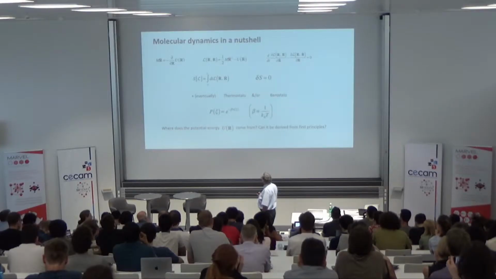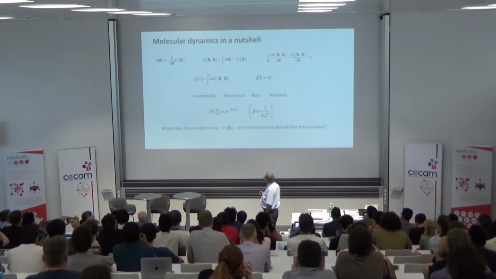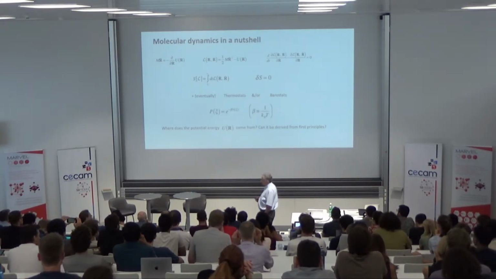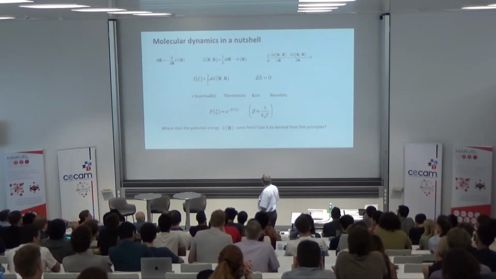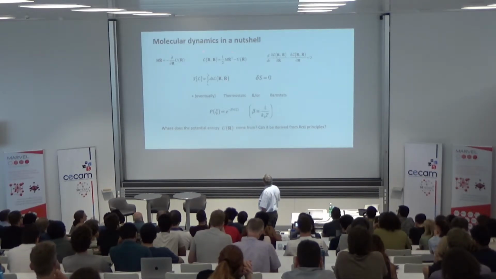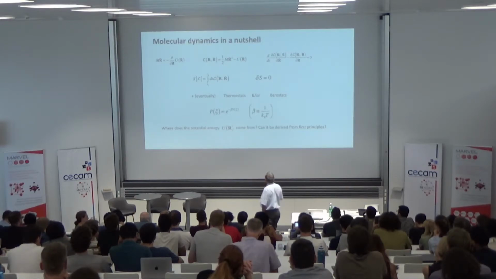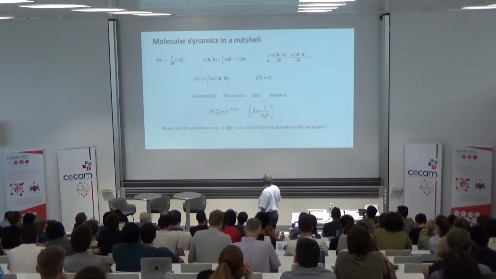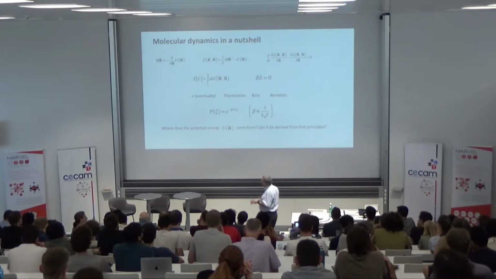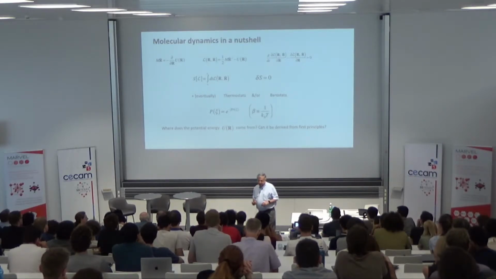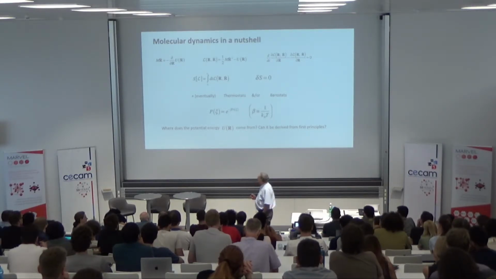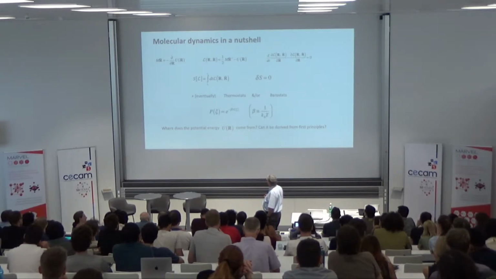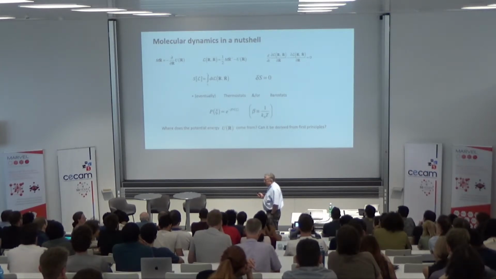Some of these formulae were already presented by Michele. So essentially, molecular dynamics consists in solving numerically Newton's equation of motion. This equation of motion can be derived from a Lagrangian, and the Lagrangian gives this Lagrangian equation of motion. And I also add one more piece of information here, and that is important also to answer one of the questions that was raised. Why Lagrangian? Well, Lagrangian is directly connected with the action.